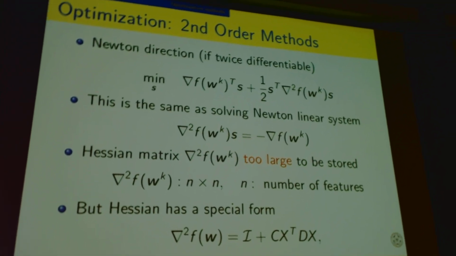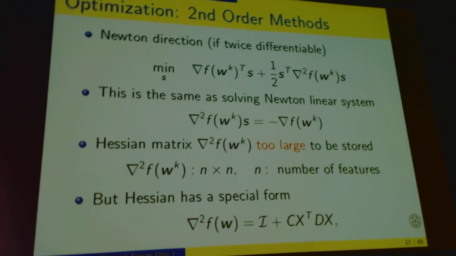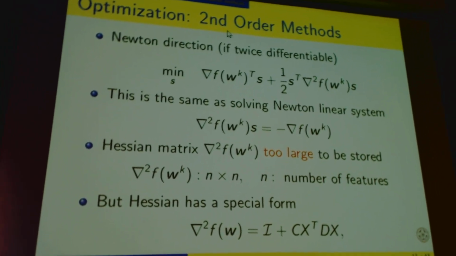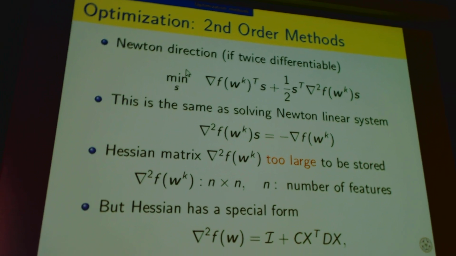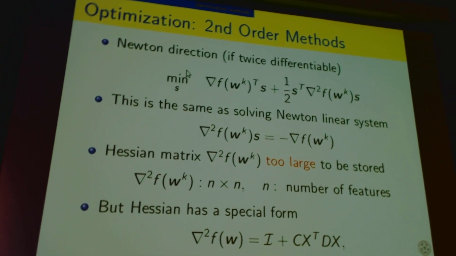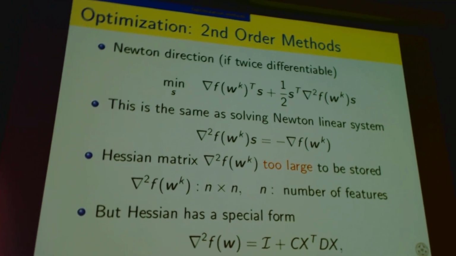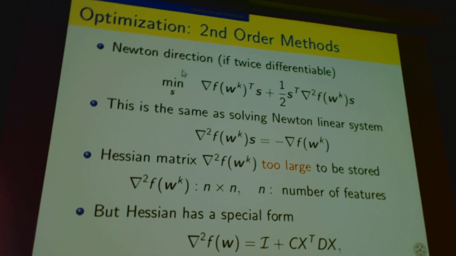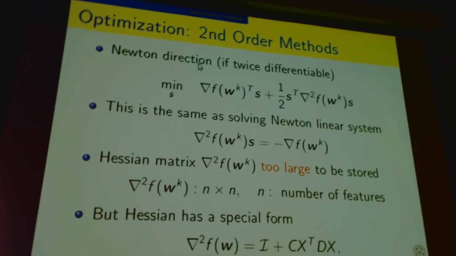So here's the first example. I want to do the optimization using second order information. So this is a second order method. Well, in optimization, second order method actually means Newton method. So what's the basic idea of Newton method? Basically, you want to find a Newton direction.